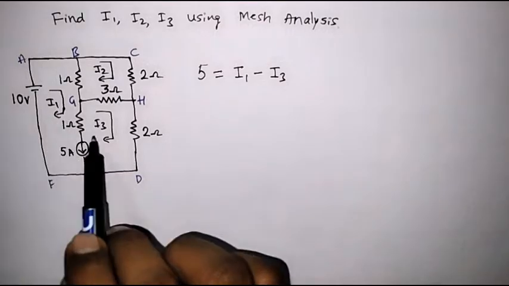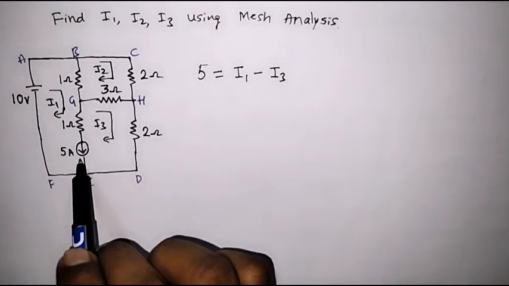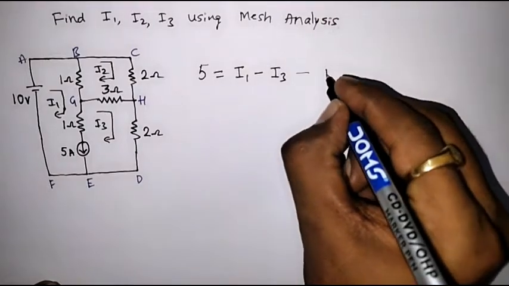Therefore I1 minus I3 is equal to 5 amp. So we'll call it equation number 1.